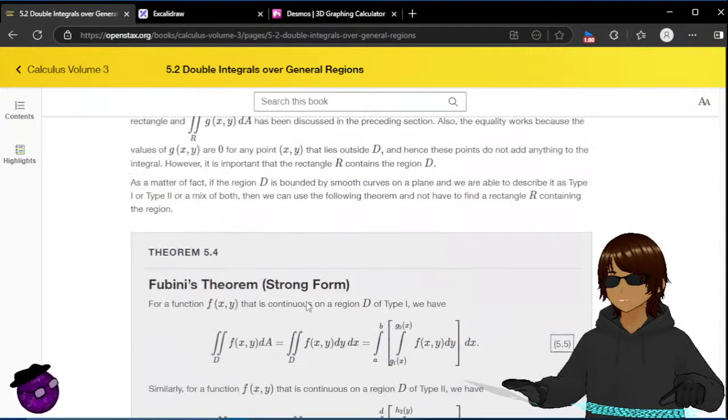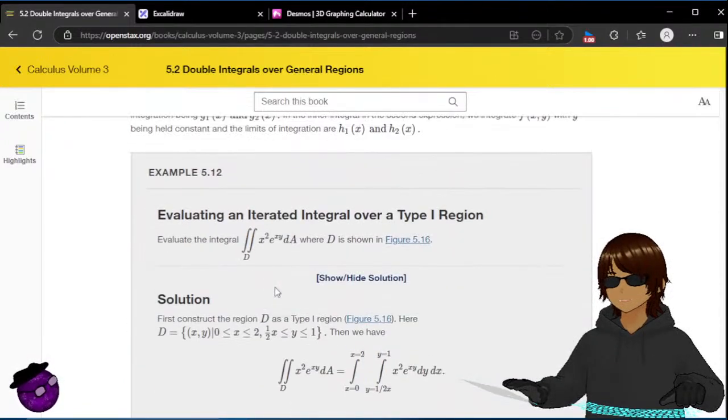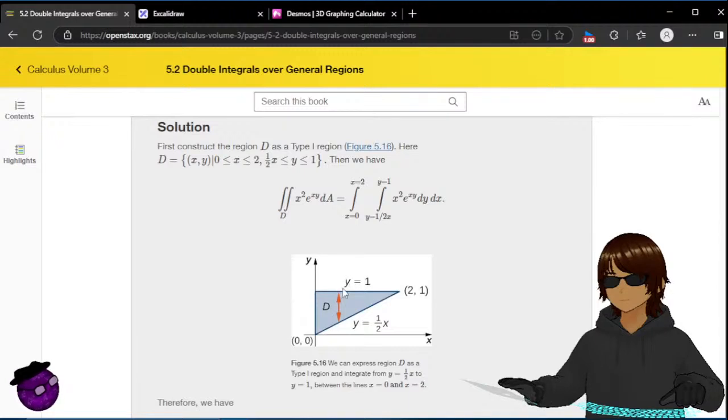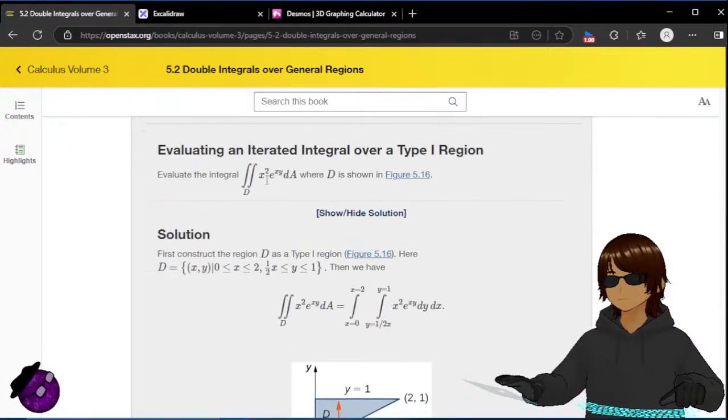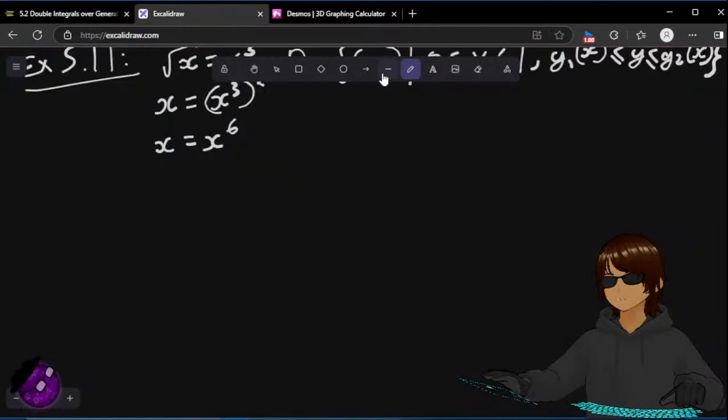We can express region D as a type 1 region and integrate with respect to y first. Okay, let's do this.